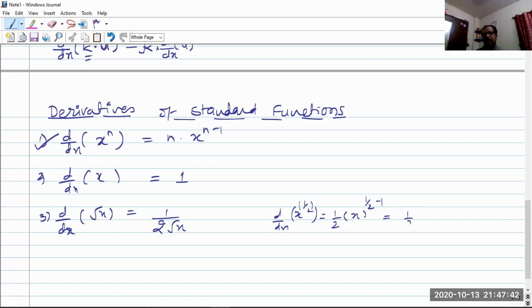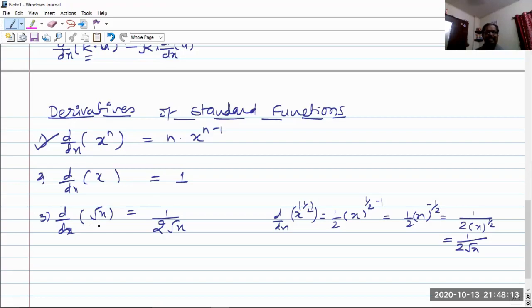It is minus half, so negative half. Using the law of indices, to make the negative power positive, we take it in the denominator. That becomes 1 upon 2, this 2 remains as it is, and x raised to minus half becomes x raised to plus half in the denominator, so it becomes 1 by 2 root x. As we know, x raised to half is nothing but root x. In this way we get the derivative of root x.